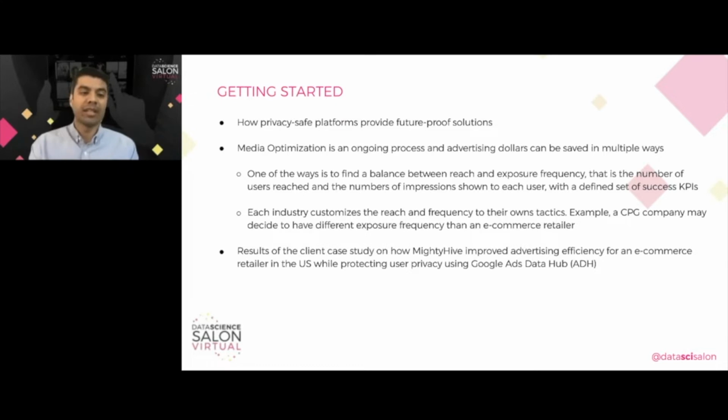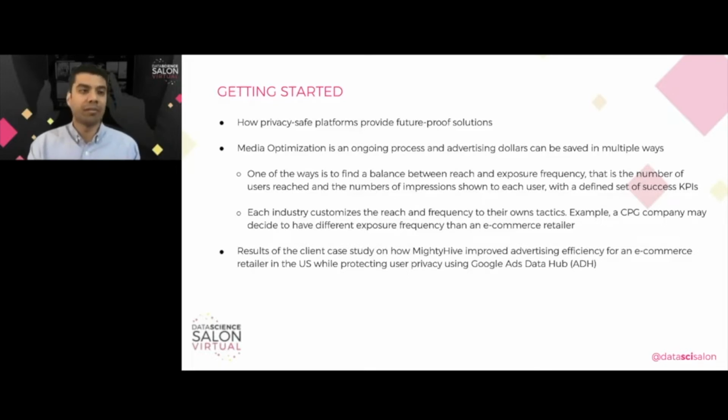And as we know that each industry customizes the reach and frequency to their own tactics, therefore the success KPIs can also change. For example, a CPG company may decide to have an exposure frequency different than an e-commerce retailer, depending on their business, depending on their tactics, time of the season, could be any other reason as well.